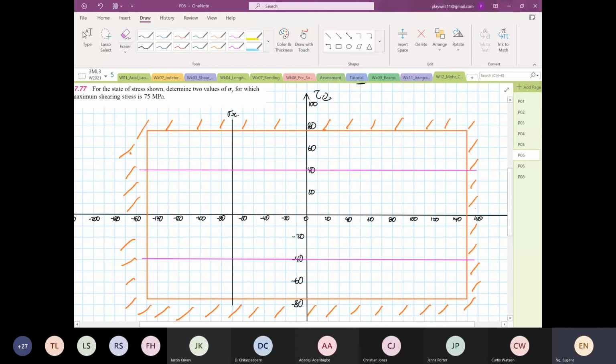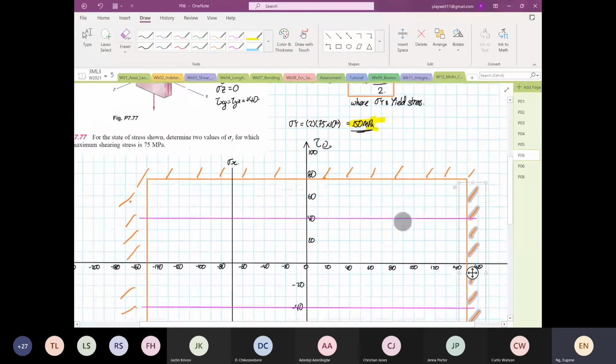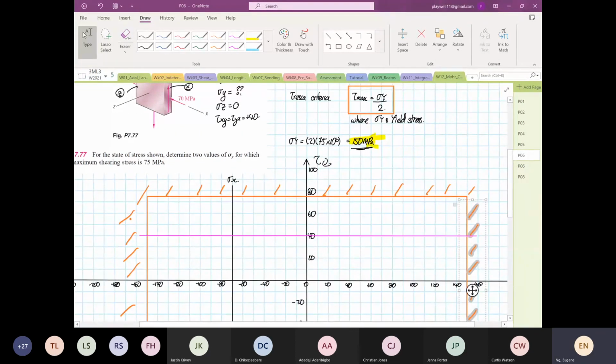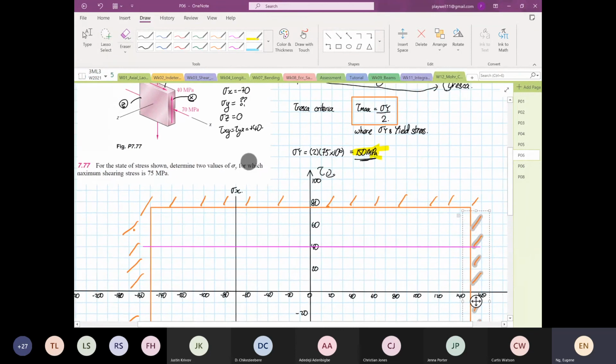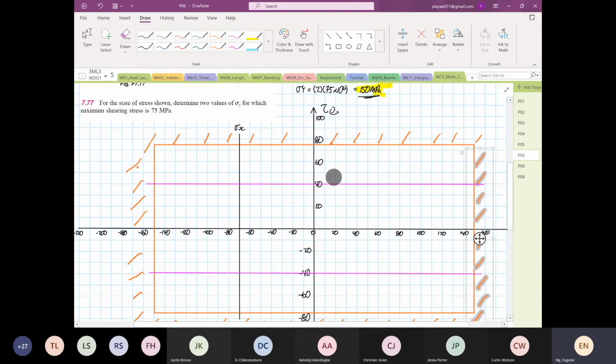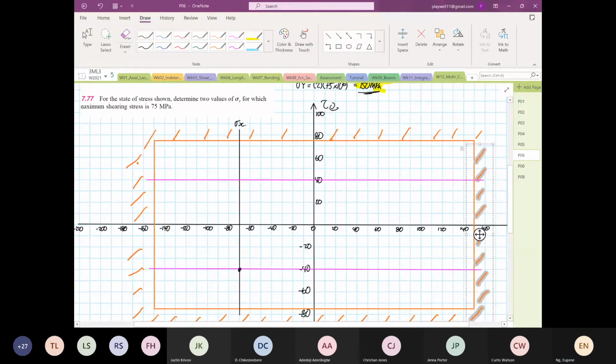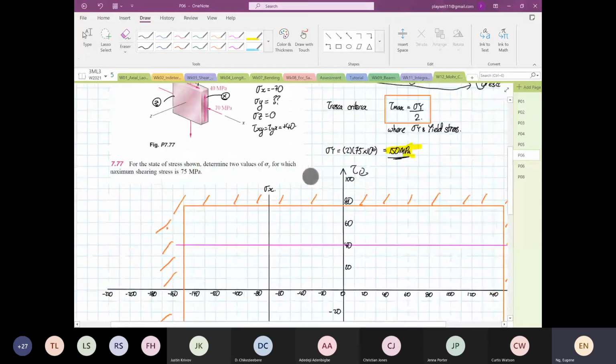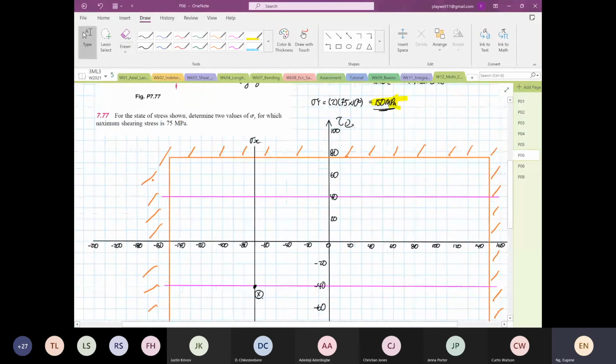Given to us some more: if you look at the element at point X, the element is going to rotate in the anti-clockwise direction. So we know that this is our point X. Another point that we know is our point Z.